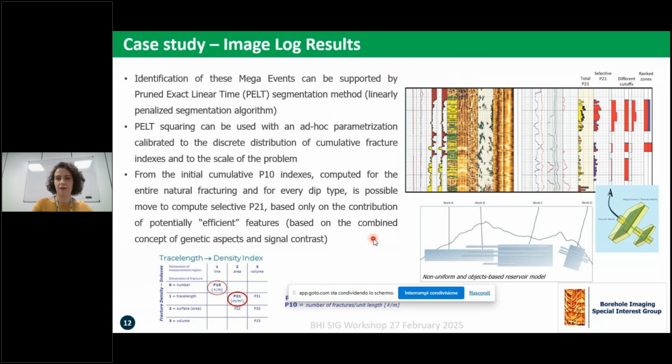All of this information from image logs propagated to the model provided important information both for the production optimization and for the understanding of, for example, water cut.